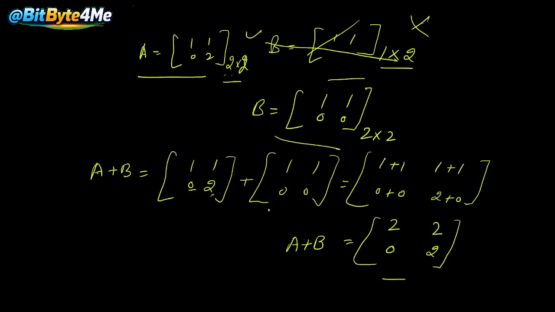Similarly, if you want to subtract two matrices, you need matrices of the same order. The number of rows and columns of the first matrix should be the same as the number of rows and columns of the second matrix. Let's take another example.